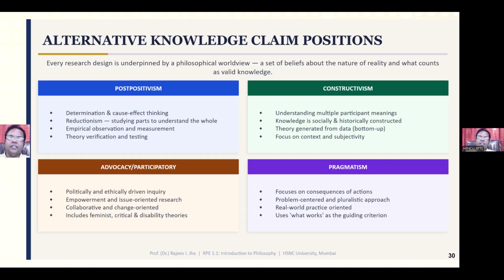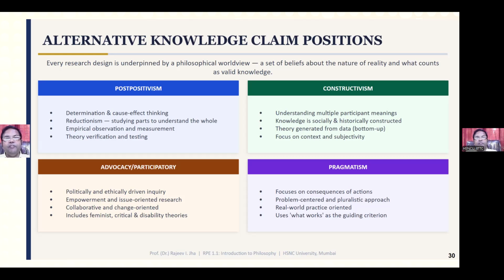It produces thick descriptions, narratives, and situated understandings. In sociology and in qualitative research on performing arts, for instance, studying how Kuchipudi dancers negotiate tradition and innovation, constructivism offers the most appropriate framework.